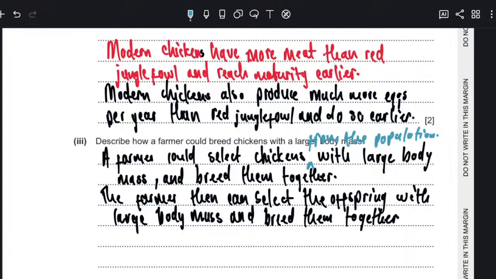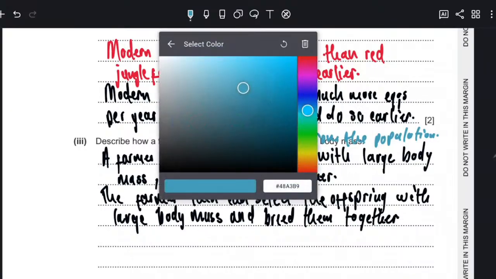Then take all the offspring from there that are also big. We breed them together again. So we are only breeding large ones. We are only breeding the offspring with large body mass. We are breeding them together again.